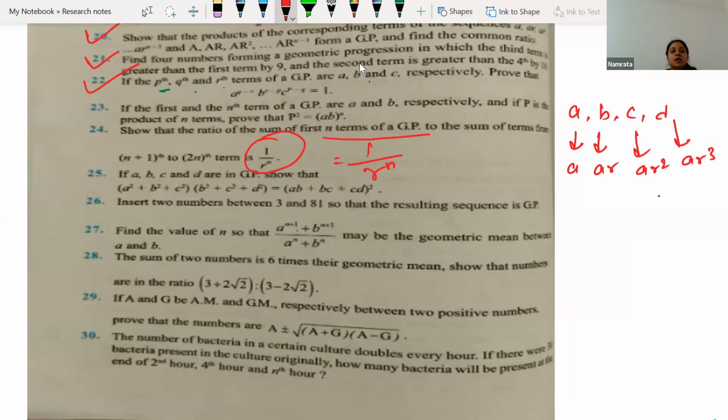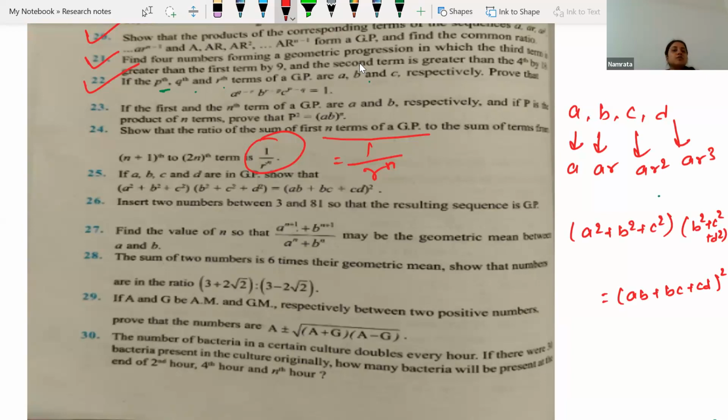Yes, ma'am. Now we have to prove that (A square plus B square plus C square) times (B square plus C square plus D square) is equal to (AB plus BC plus CD) whole square. So we will be solving the left hand side by substituting the value of B, C, D, everything.